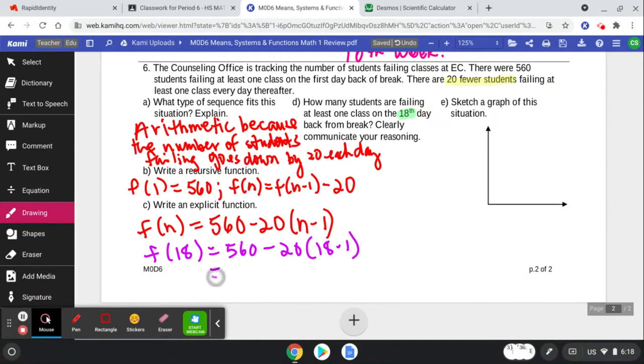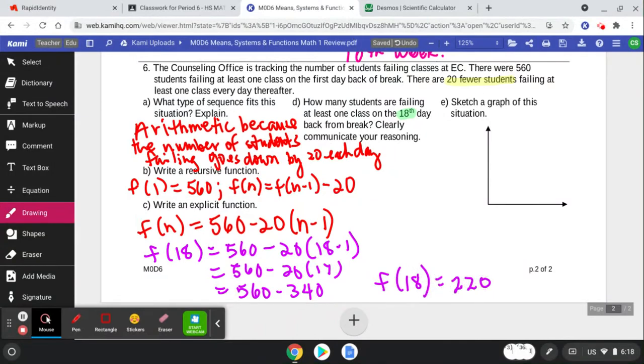So 18 minus 1 is 17. 20 times 17 is 340. And then 560 minus 340, I'm getting 220 students.